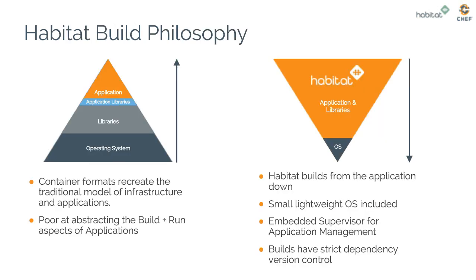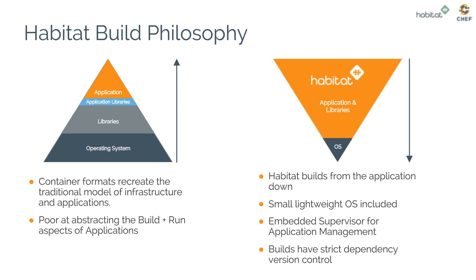The Habitat build philosophy. Historically, what we've seen in the evolution of operating systems is that a lot of people have tried to create a golden image that they can just run across a really huge fleet of servers that is able to do a bunch of different jobs without a lot of tweaking.